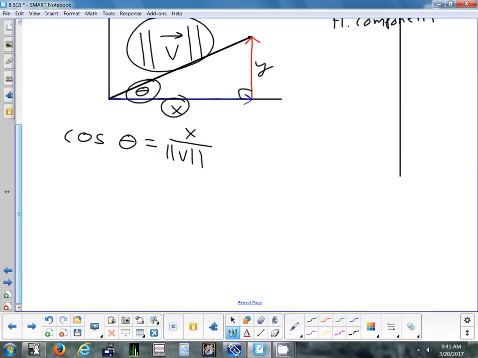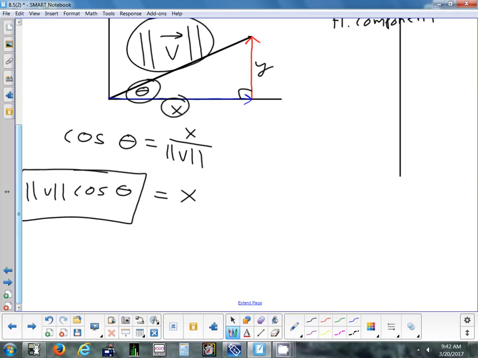And how would we get x by itself? So I have a formula for the horizontal component. Multiply each side by the magnitude of v. There's a formula that'll tell you the horizontal component of your velocity vector. And did anyone have a guess what y is going to be without setting the whole thing up again?